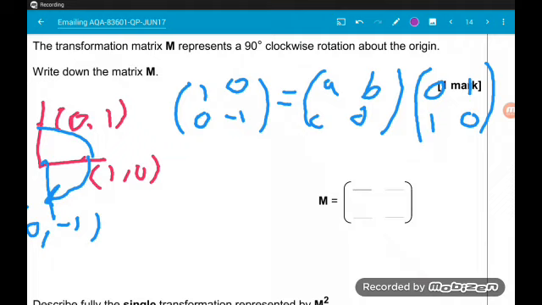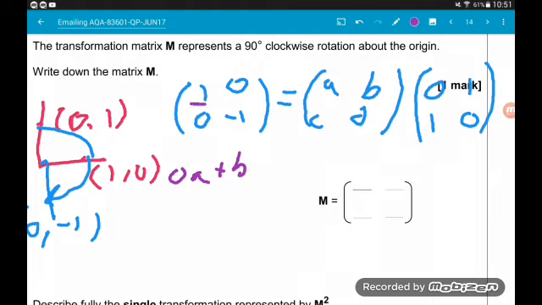Okay, so there's our setup. Let's do the 4 multiplications to work out A, B, C and D. So first of all, if we do 0A plus 1B, we know that has to equal 1 up there.